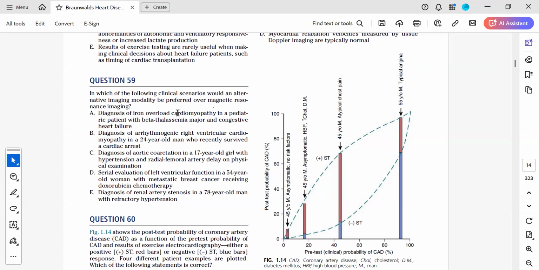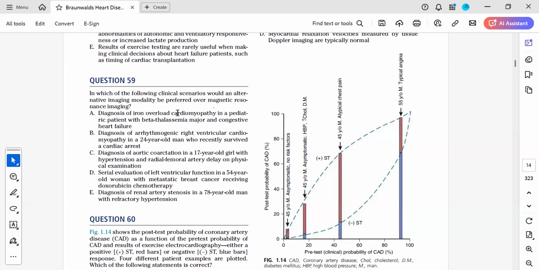This option is wrong because we've seen that the positive and negative predictive values have a relationship with the pretest probability. So it can give us information for the patients we are talking about. So option C is wrong.